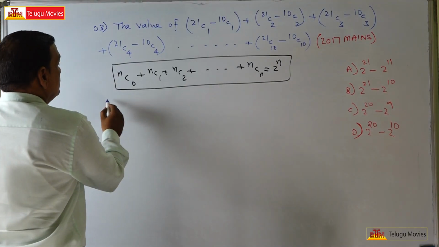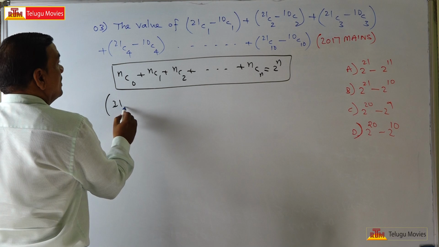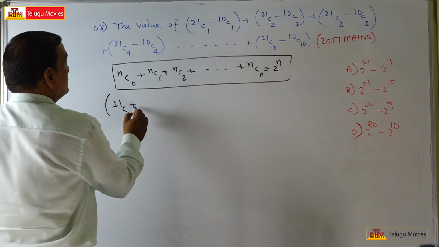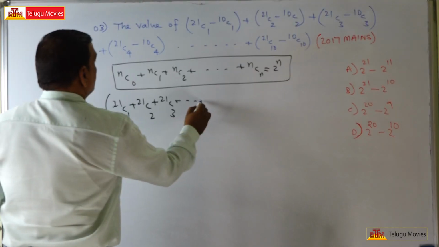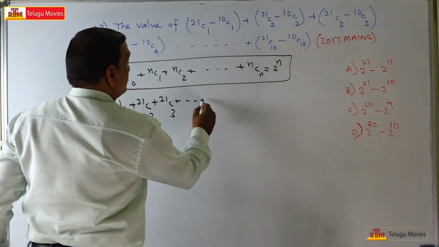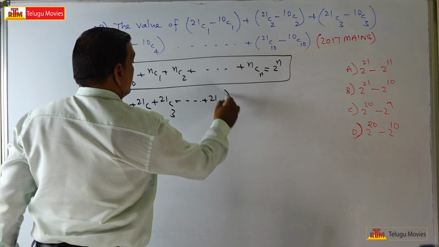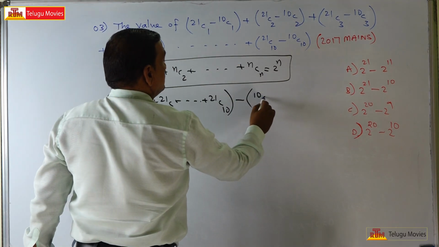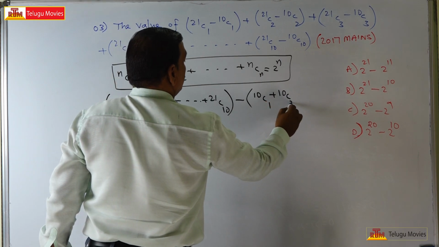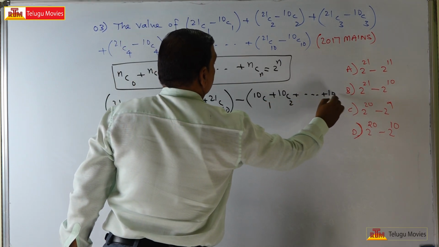Generally everybody will do like that only. So this is equal to 21C1 plus 21C2 plus 21C3 plus so on up to 21C10, minus 10C1 plus 10C2 plus so on up to 10C10.